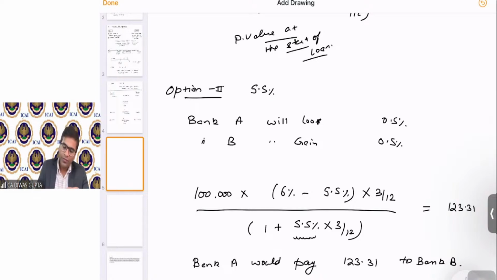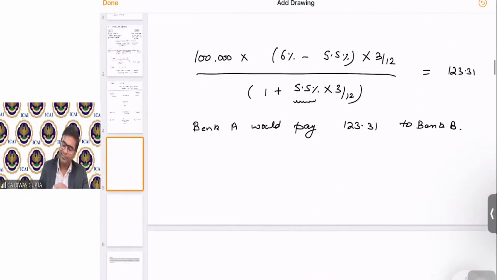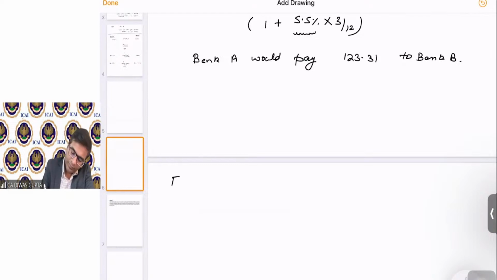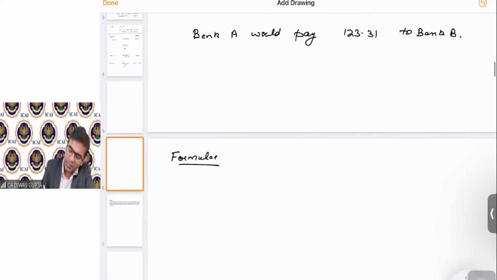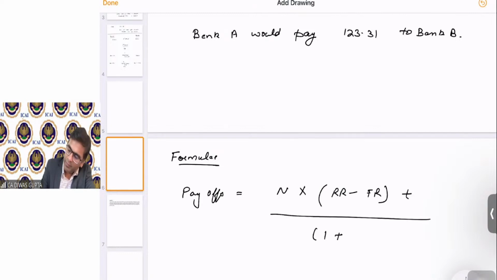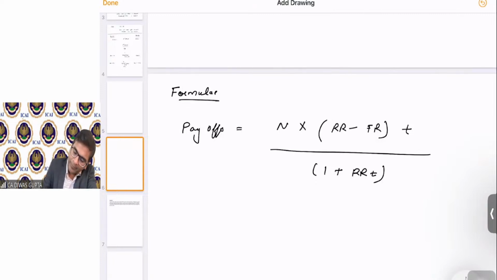Okay. Now the formula is payoffs is equal to notional amount multiplied by RR minus FR into time period whole divided by 1 plus RR into time period. So here N is equal to the notional amount.